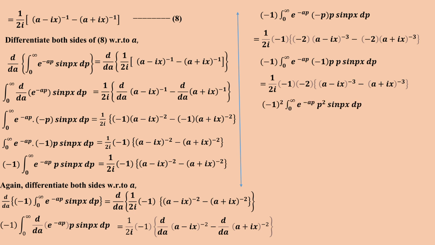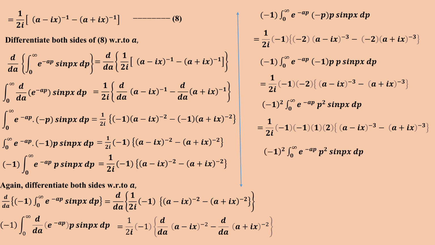So minus 1 into minus 1, that is minus 1 square, integral 0 to infinity e power minus ap p into p square sin px dp, which is equal to 1 by 2i minus 1, right? Minus 2 can be written as minus 1 into 2. So minus 1 again, 1 into 2, right? (a minus ix) power minus 3 minus (a plus ix) power minus 3.